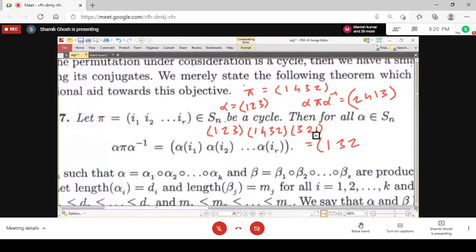Then from 2 to 1, 1 to 4, 4 stays 4, so it is 4. Then 4 to 3 and 3 to 1, so the cycle is closed. And you see that this is the same as this. 2413 is the same as 1324. This is 1324 in the cycle. So this is a very useful formula for calculating conjugates.